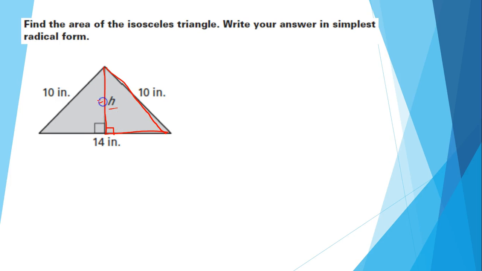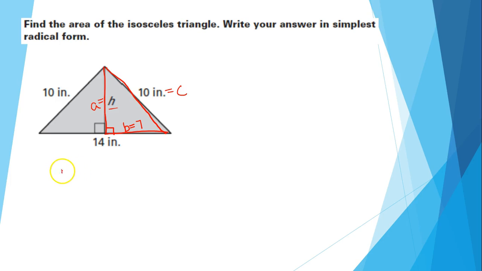This is one of our legs. I'm going to call it my A. And now my B is going to be half of this. Since this is an isosceles triangle, then the altitude is going to split the base here in half. So this is B, sorry. And this last value is our C. Now, using that, we can get our height.